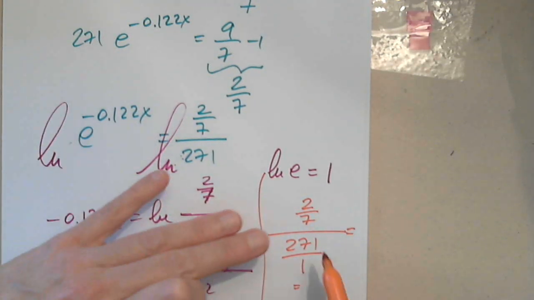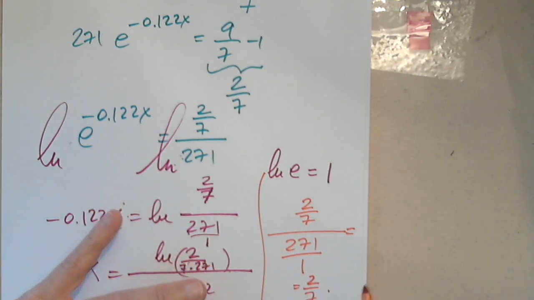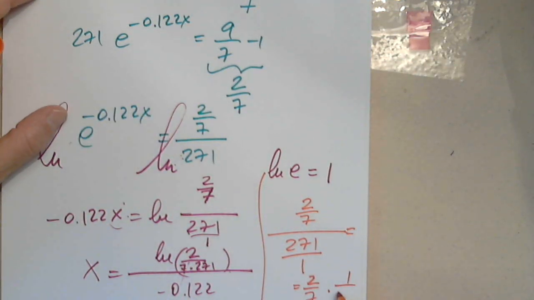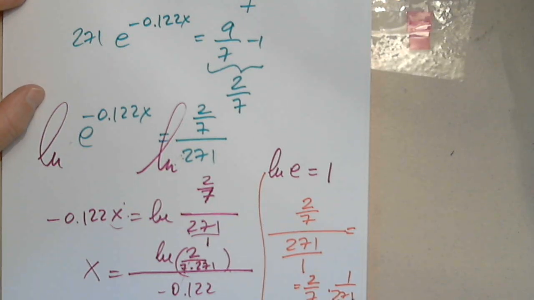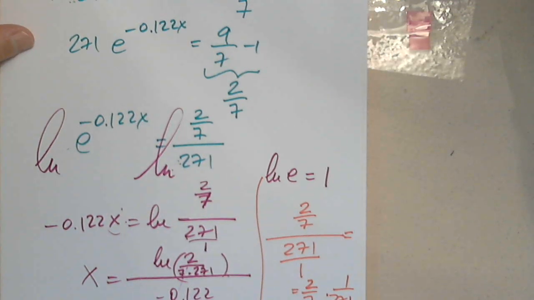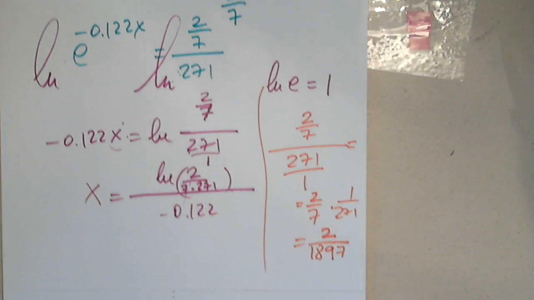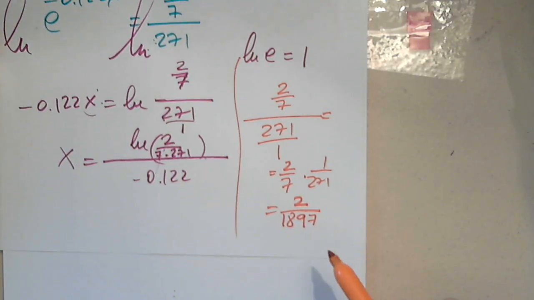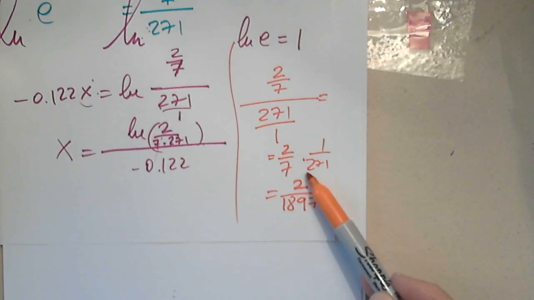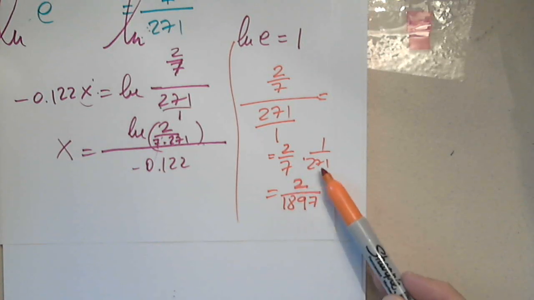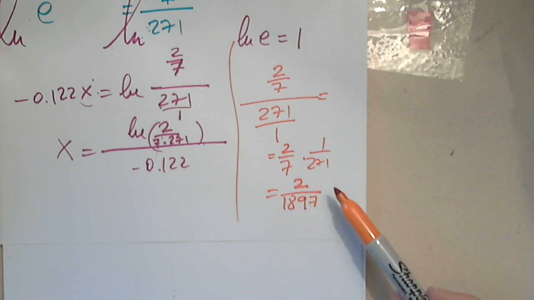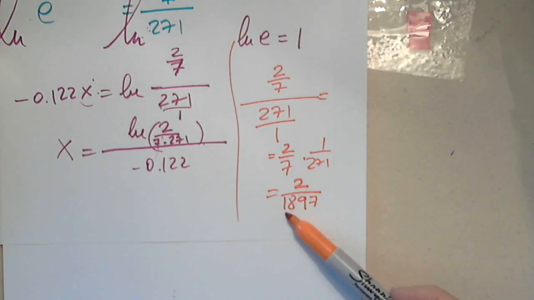So I had to copy 2 over 7 and multiply by 1 over 271. So then the numerator becomes 2, and the denominator I can change it into 7, 9, and 4, 1, 8. Or not. Sorry about that. So, yeah, 2 times 1, and 7 times 1 is 7. 7 times 9 is 49. 9 and I carry 4. 14 plus 4 is 18.